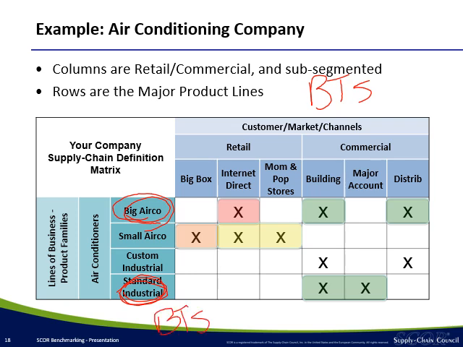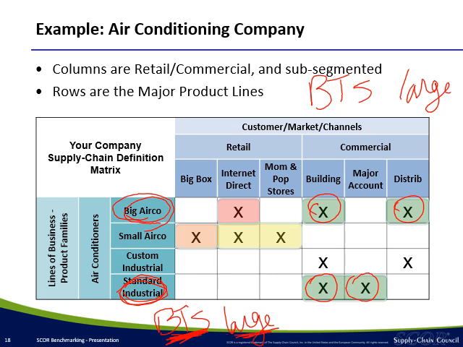And we find also that we ship large quantities. So what we're going to do here is we're going to combine this one and this one and this one and this one into one supply chain. Why? Because they are very similar. They are built to stock, and we ship large quantities.